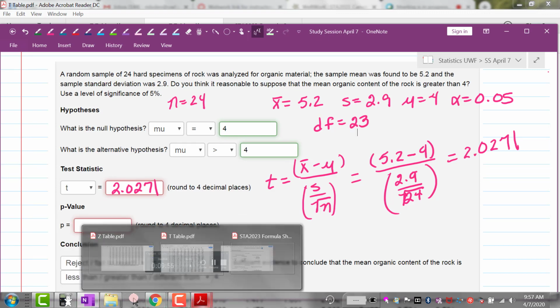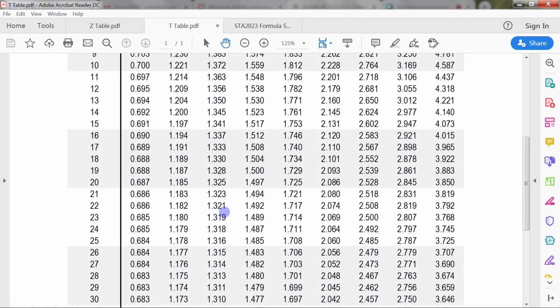So I have to come in here and look. 23 degrees of freedom, 2.202. So we're not above this value, because 0.06 is greater than 0.02. So we're bound between these two values right here, okay?